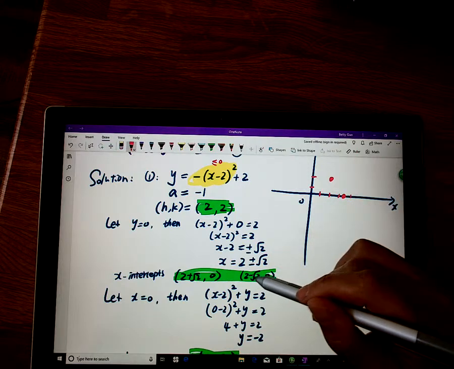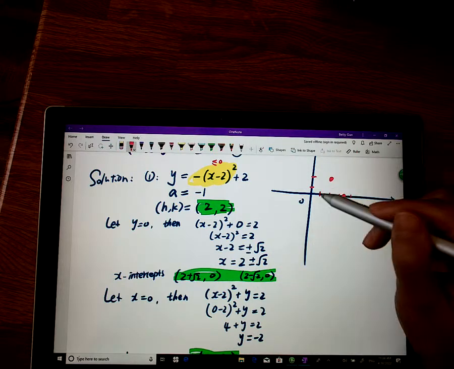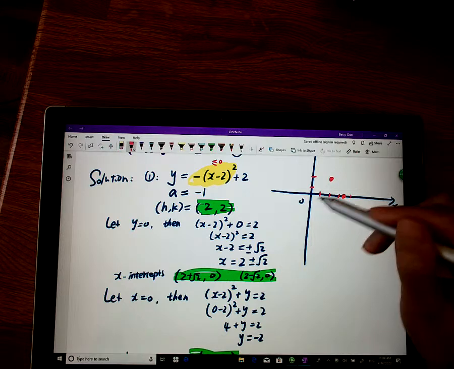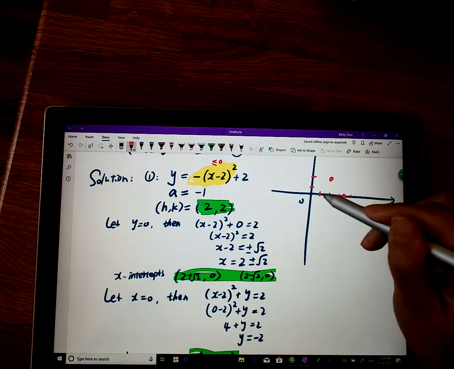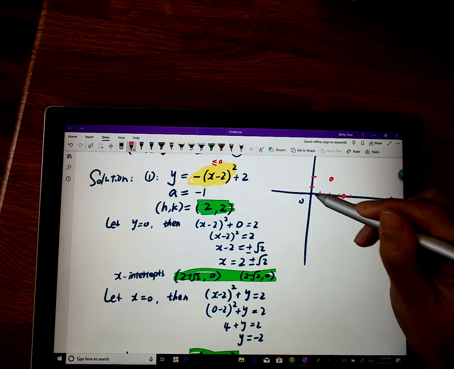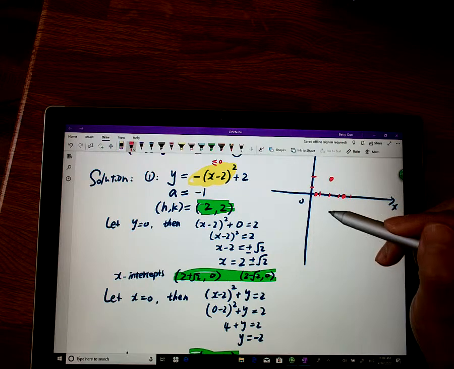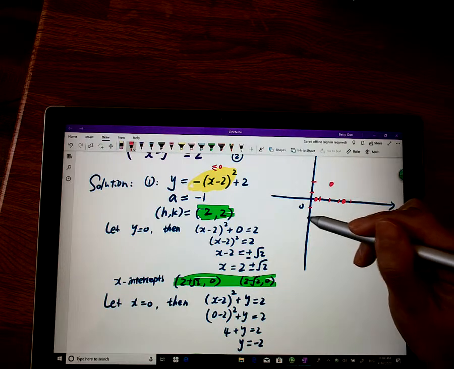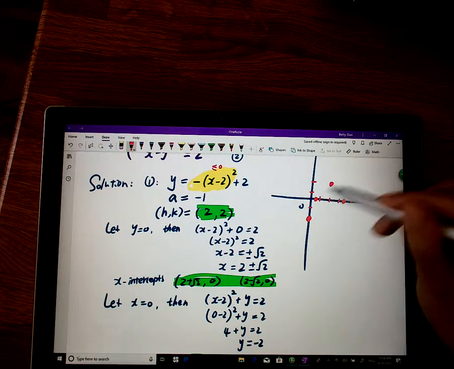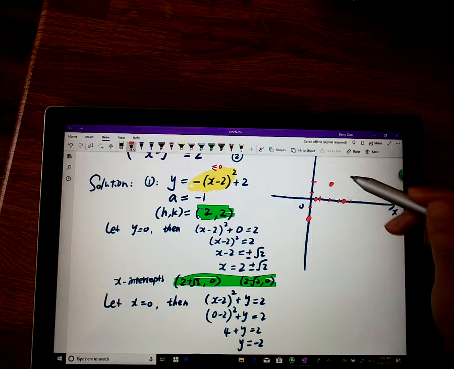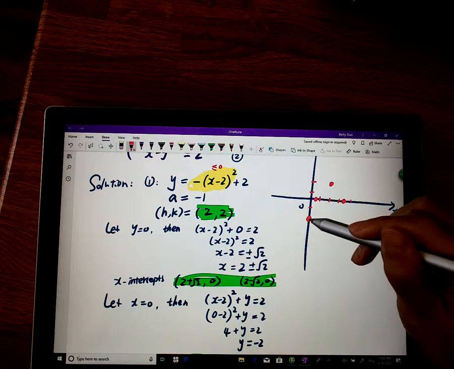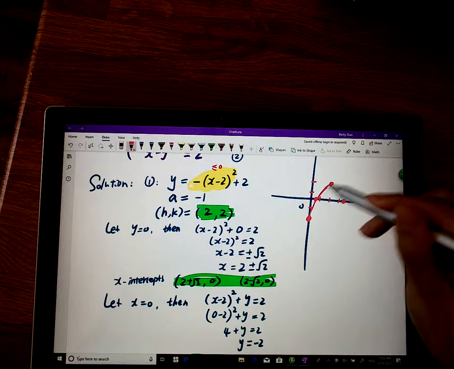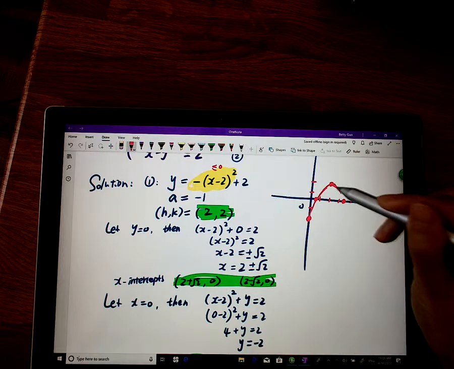This is about 0.5, about here. (0, negative 2): this is negative 1, this is negative 2. It's a parabola that opens down, so you can see the parabola is going to look like this.